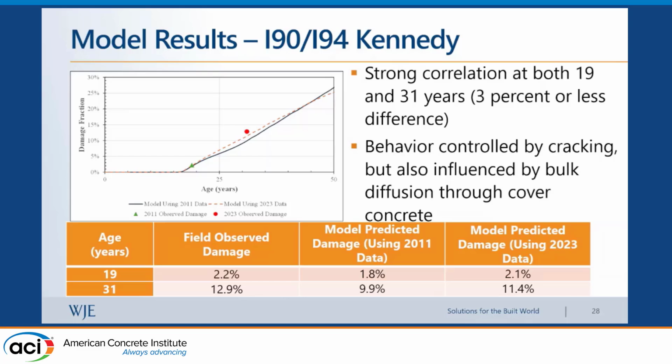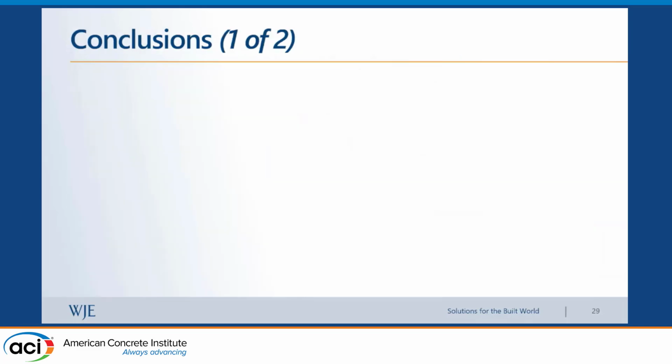Overall, those results showed really good agreement with the field observed damage. One thing to note is that most of this damage was at crack locations. This highlights the importance of considering cracking and how significant the cracks are to the performance of the structures.